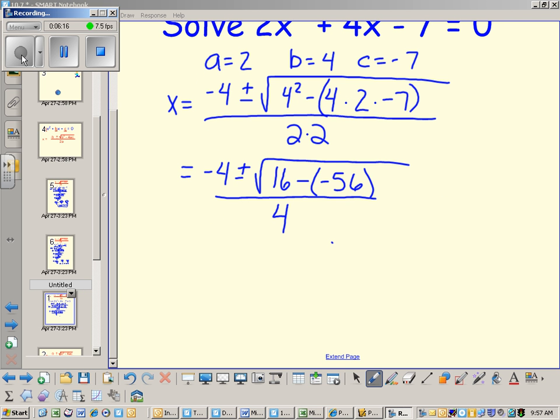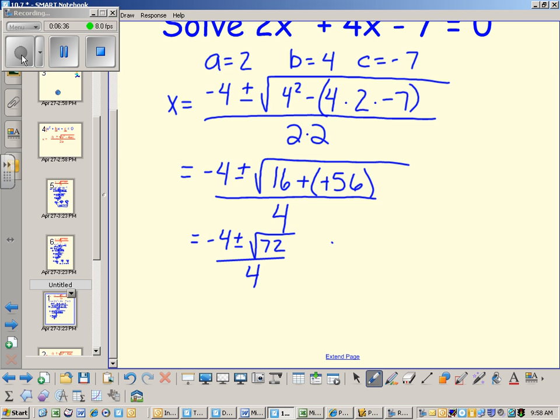And that gives us negative 4 plus or minus the square root of 16 minus negative 56. 4 times 2 is 8 times negative 7 is negative 56. So this negative here will make it plus a positive. So we end up with negative 4 plus or minus the square root of 72 all over 4.